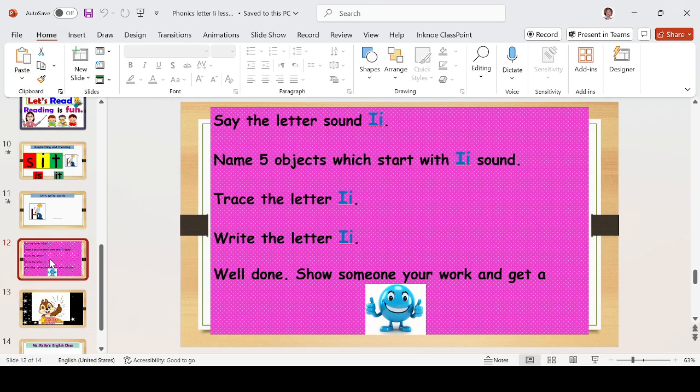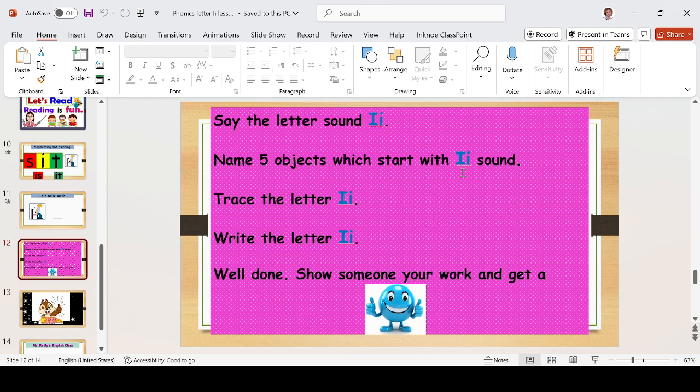As a recap, I want you to say the letter sound E. Can you say the letter sound E? E, E, E. Okay, very good. Now I want you to name 5 objects which start with E sound. Can we get 5 objects? Let's try. 1, 2, 3, 4, 5.